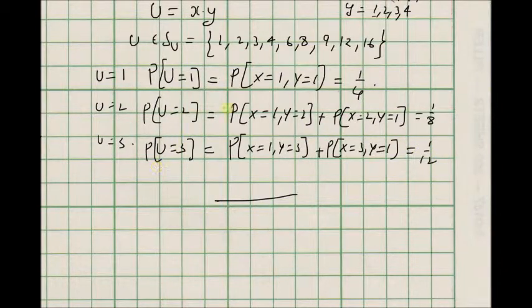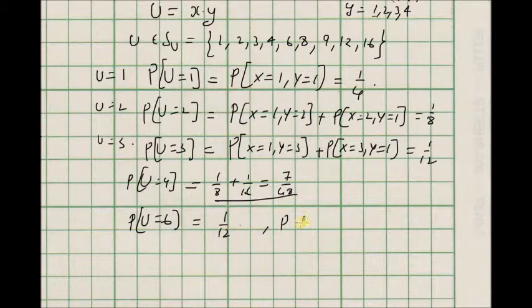Similarly, we can calculate the probabilities for all the other values as follows. The probability of U equal to 4 is 1 by 8 plus 1 by 16, that is 7 by 48. The probability of U equal to 6 is the probability of X equal to 2 and Y equal to 3 plus the probability of X equal to 3 and Y equal to 2, which is 1 by 12.